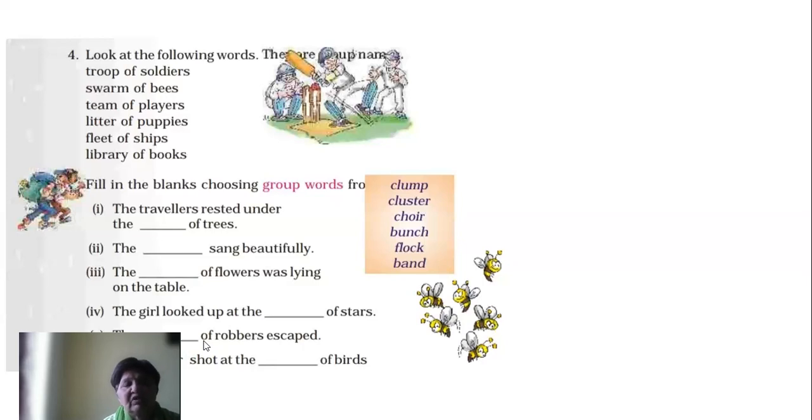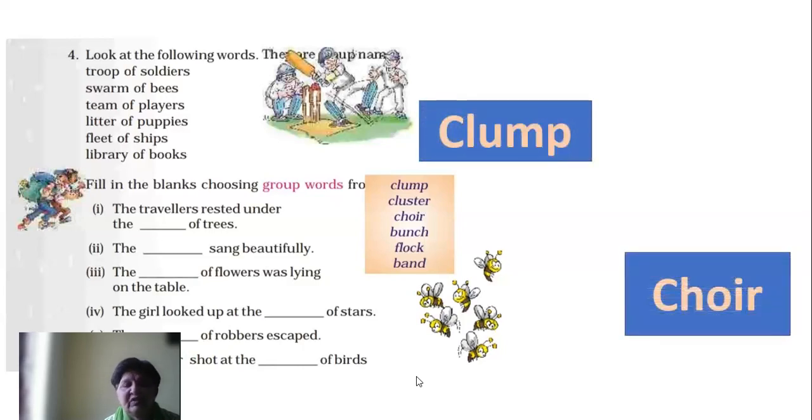Now we will see the sentences and we will try to put the collective noun from the given nouns. The first sentence is: the travelers rested under the dash of trees. When many trees are there, it is known as clump of trees. So the travelers rested under the clump of trees.